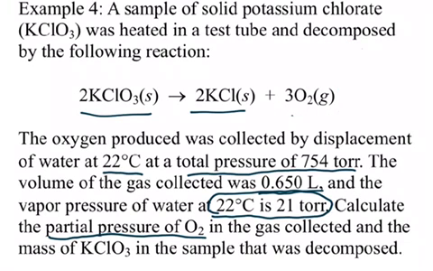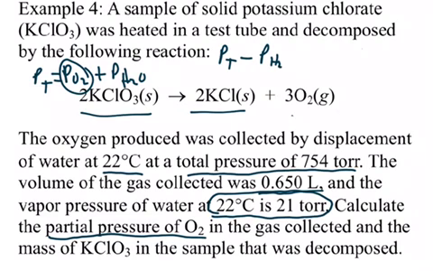So we know that the total pressure equals the pressure of the oxygen plus the pressure of the water. We know that they're equal to each other. The sum of the two adds up to the total. Well, what we want is the pressure of oxygen. So how do we do that? We get the total pressure minus the pressure of the water, and that difference will give us the pressure of the oxygen.